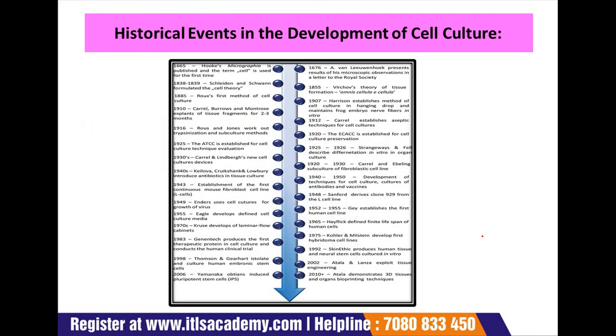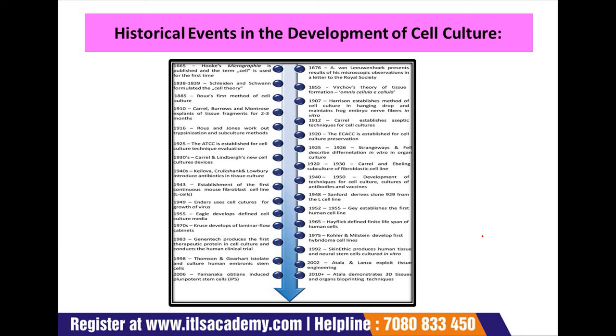Now we are going to discuss the historical events in the development of cell culture. Cell culture arose in the 19th century when physiologist Sydney Ringer developed a salt solution that was able to sustain the beating of an animal heart outside the body.